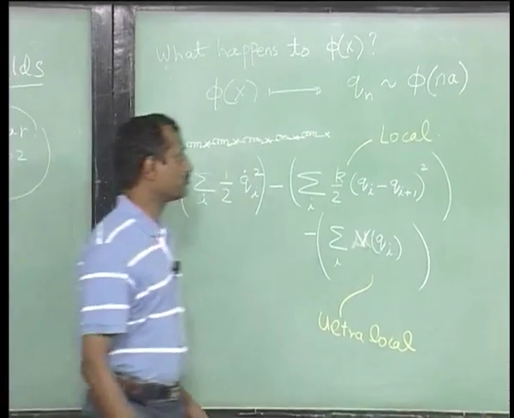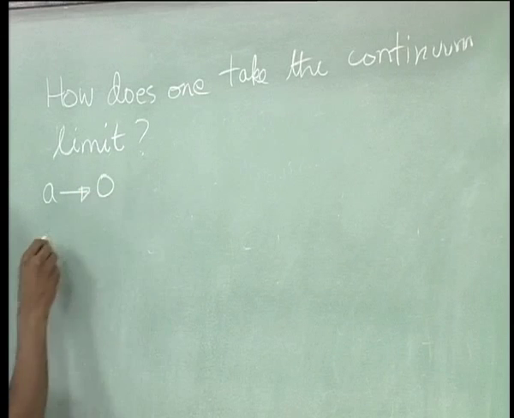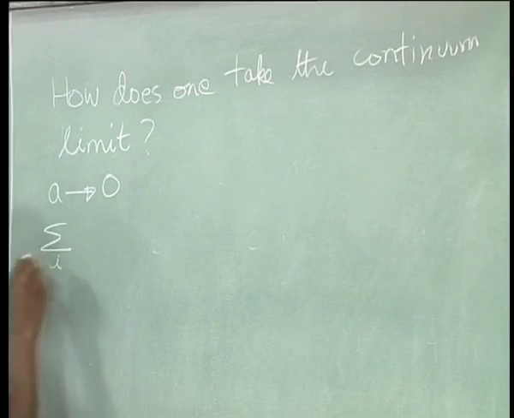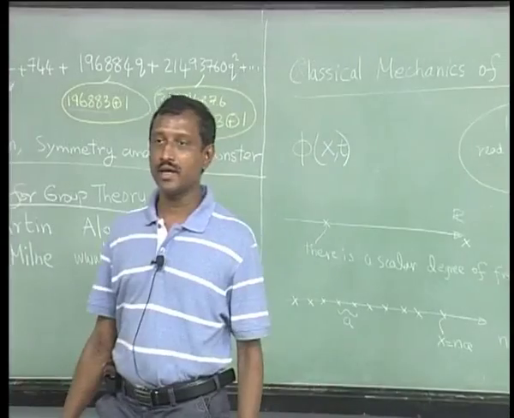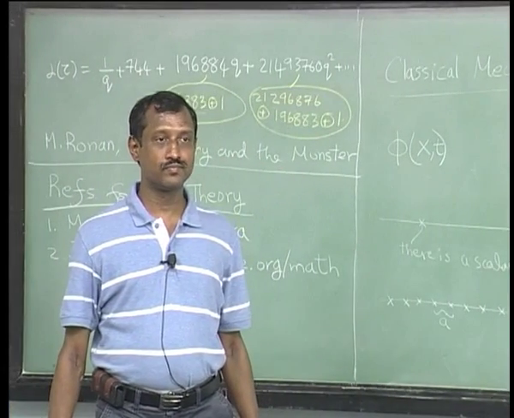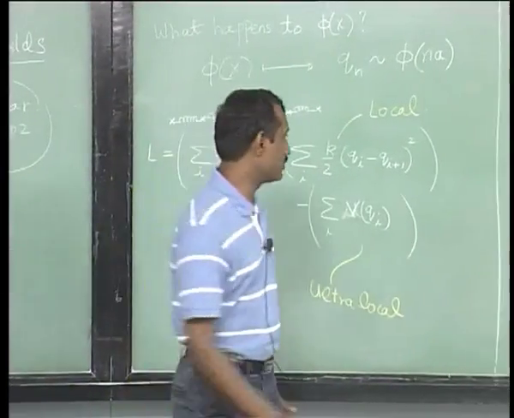It is not enough to take a to 0, we need to know what we have to do to this summation over i. Does anybody have any idea what I should do to that? You replace it by an integral.